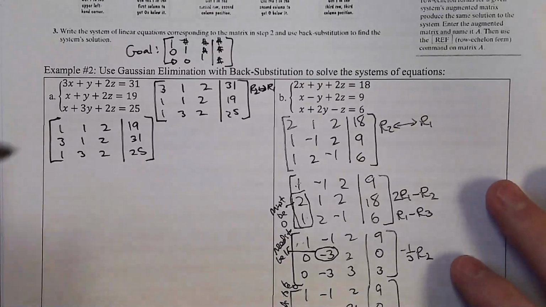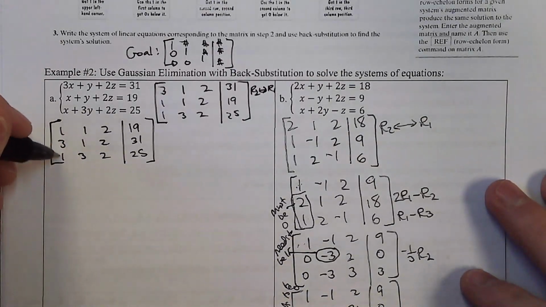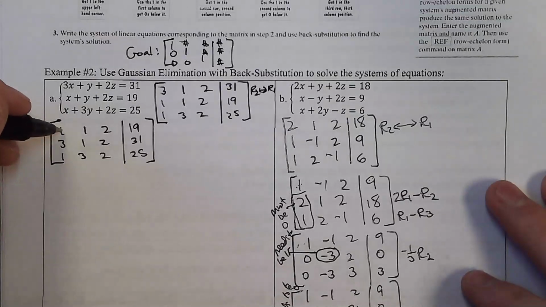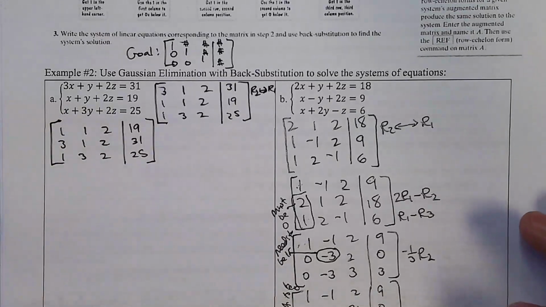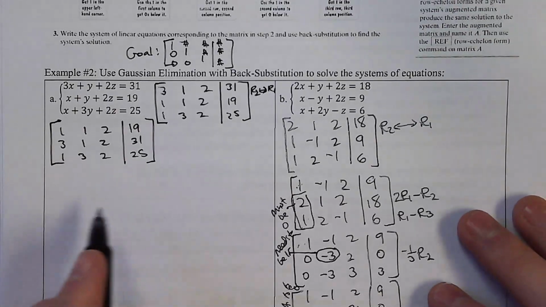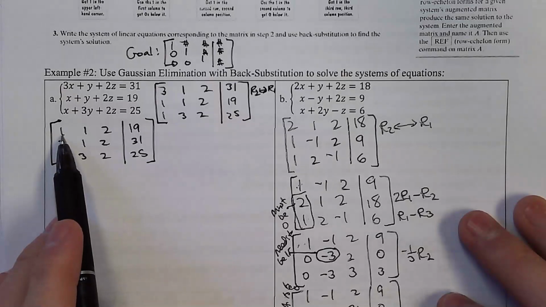Now, next, these two have to be zeros underneath the 1. How could I make this 0 working off that? I couldn't just switch a row. What could I do? Think of an operation I could do. All right, go with the top. Here's what I would do.